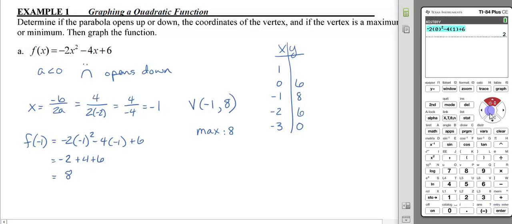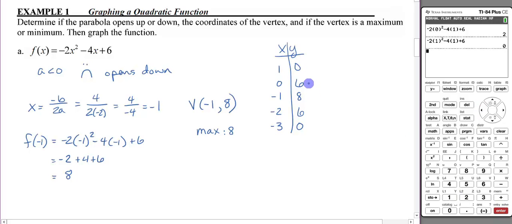But I didn't want to. Need to put in a 1. Okay, there we go. And we get 0. And you should be able to see the symmetry in the table there. It's going to show when you graph it.